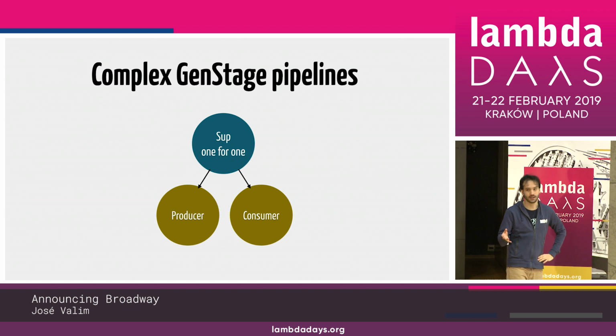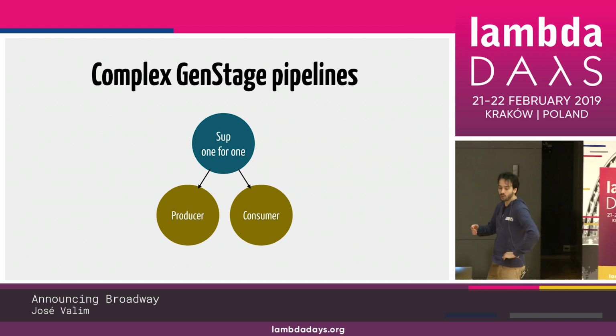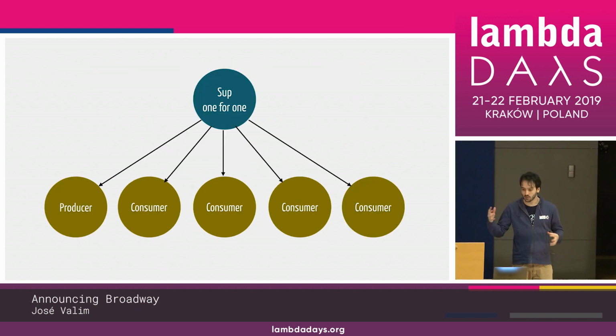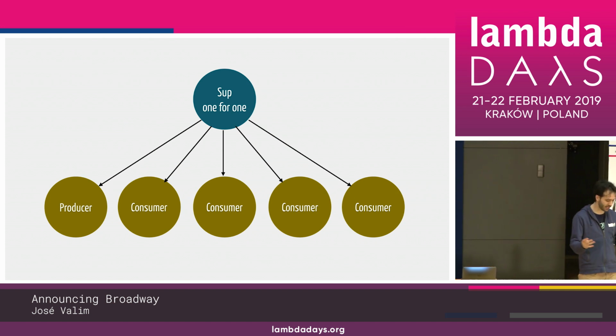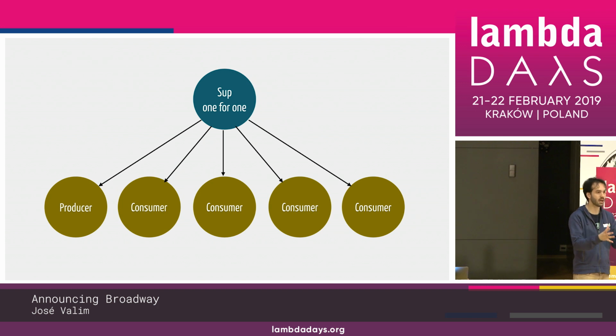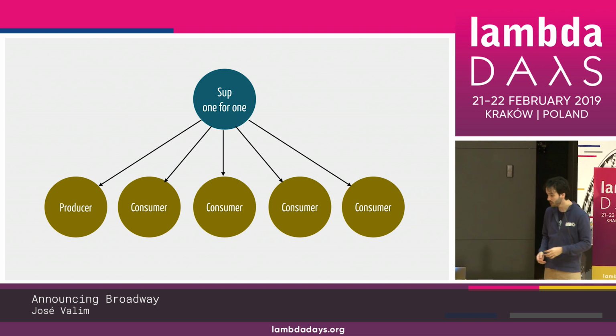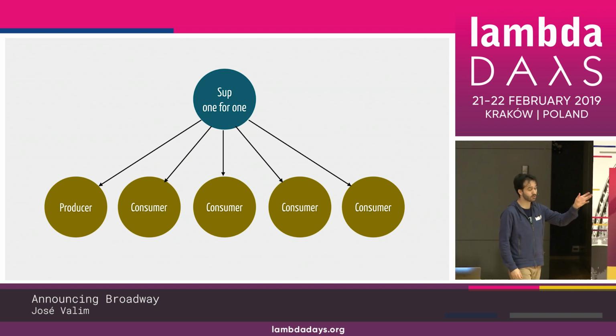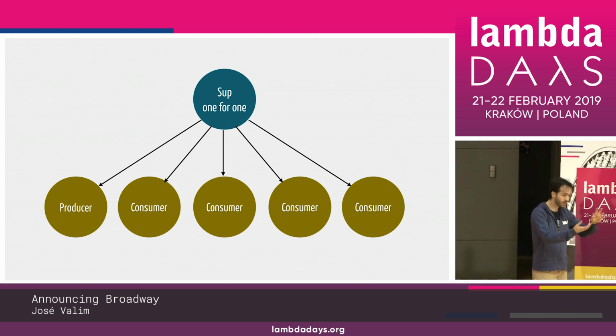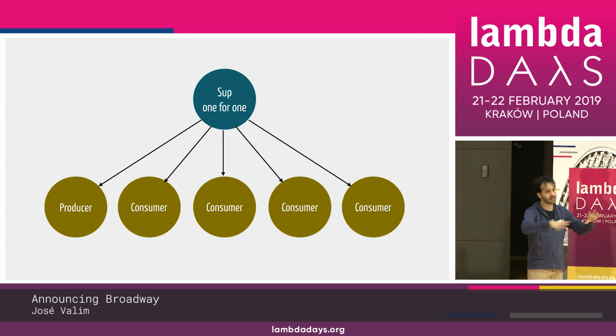And this is the first mistake. Because usually you're using the same supervisor, and the default supervision strategy is one for one. If a child terminates, only that child is restarted, right? So what would happen in this case is that if the producer crashes for some reason, all the consumers are going to crash as well because they are linked by the subscription.